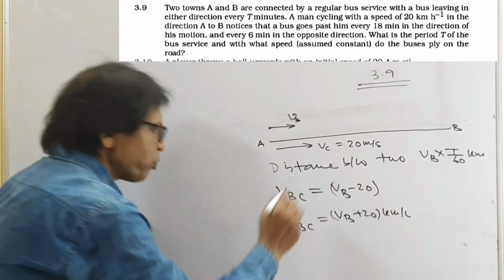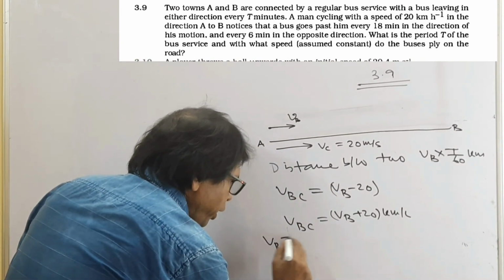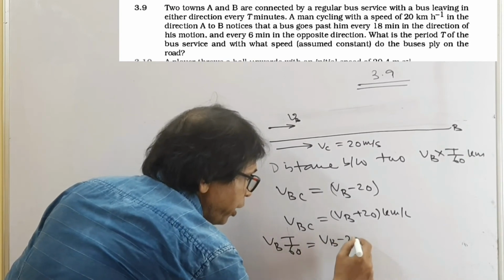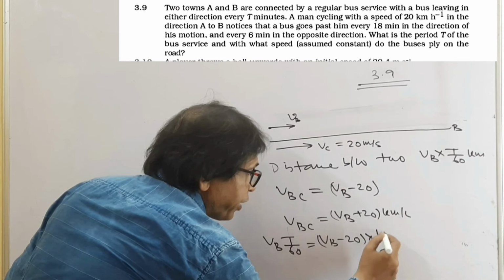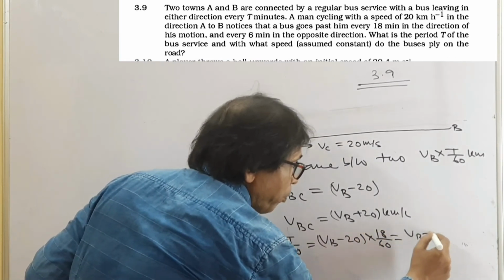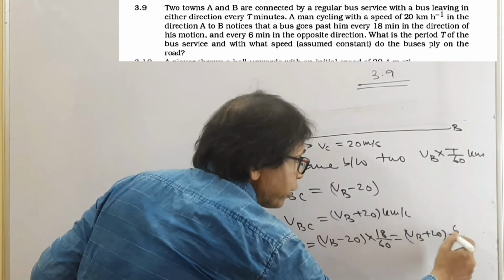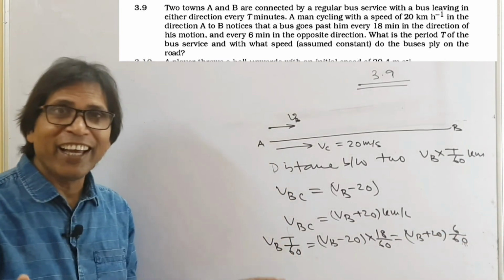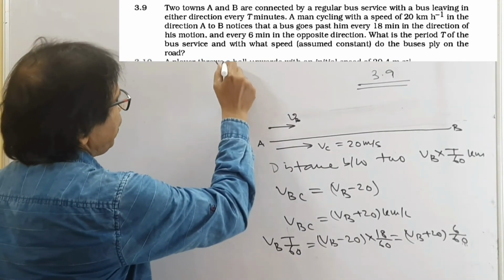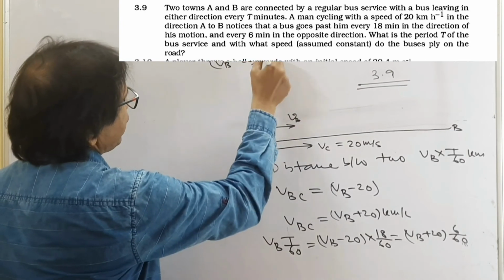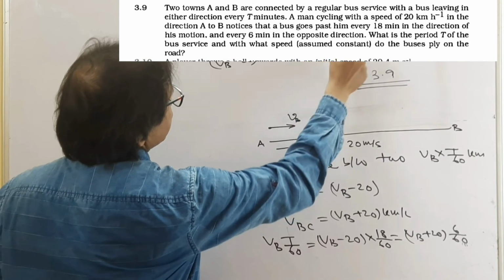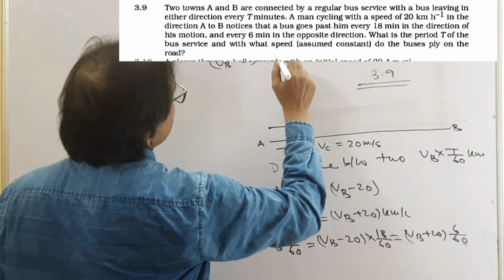So look at this, the distance VB into t by 60 equals (VB minus 20) into 18 by 60, and also equals (VB plus 20) into 6 by 60. Okay, understood? Equating this and this, we get (VB minus 20) into 18 equal to (VB plus 20) into 6 by 18.